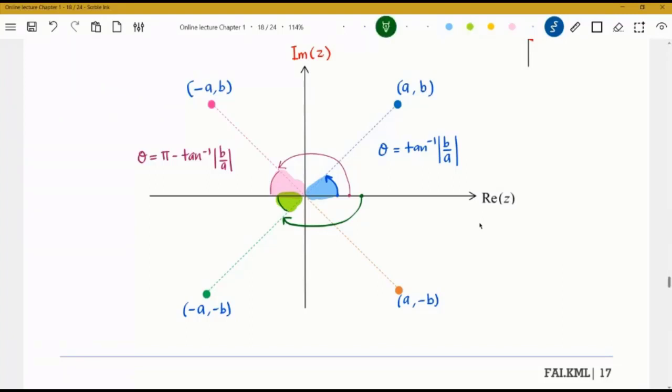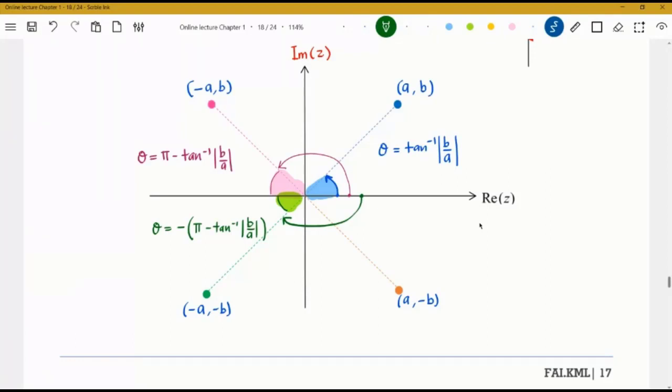So we gonna have theta equal to negative, salin balik formula yang sama pada second quadrant. So pi minus inverse tangent modulus B over A. Salin saja balik formula pada second quadrant, tapi di sini mesti letak negatif. Sebab dia adalah pada bahagian rotation terbalik. So sebab tu kita kena letak negatif sign.